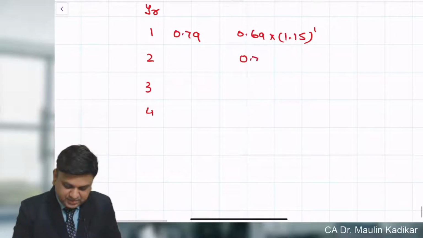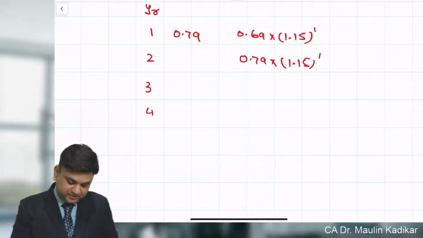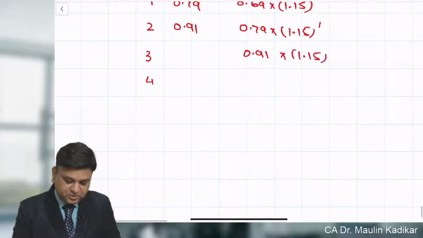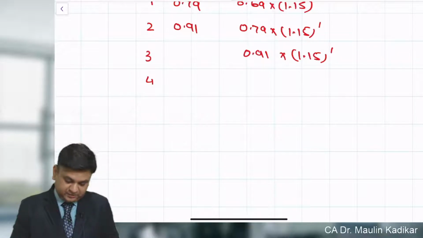Next year it will be 0.79 into 1.15, that is 0.91. For the third year it is 0.91 into 1.15, that comes to 1.05.